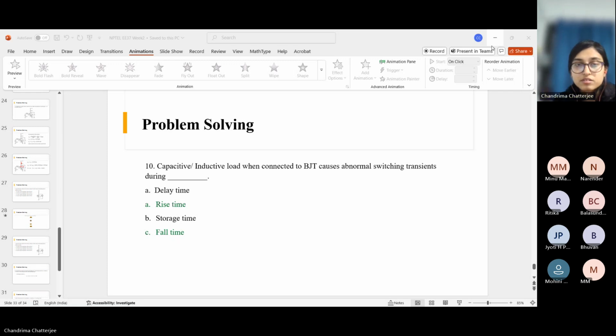So just one second. Can you see the data sheet here? Is the data sheet visible to everyone?